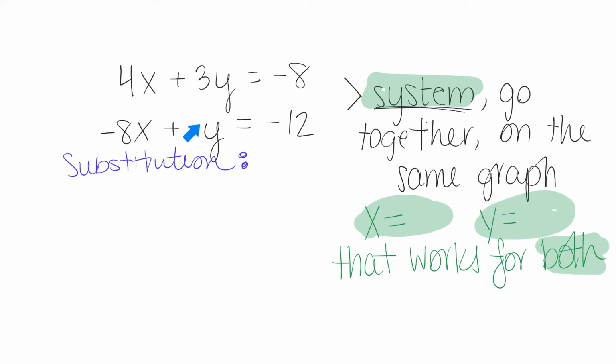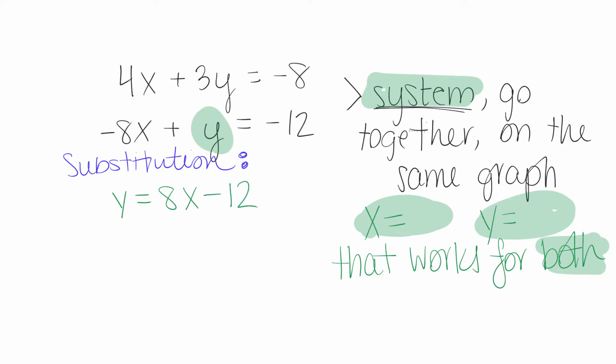Right here. This y has a coefficient of 1. So I'm going to target this y. I'm going to rearrange this problem to solve for y. So if I do that, I'm going to have y equals 8x minus 12.